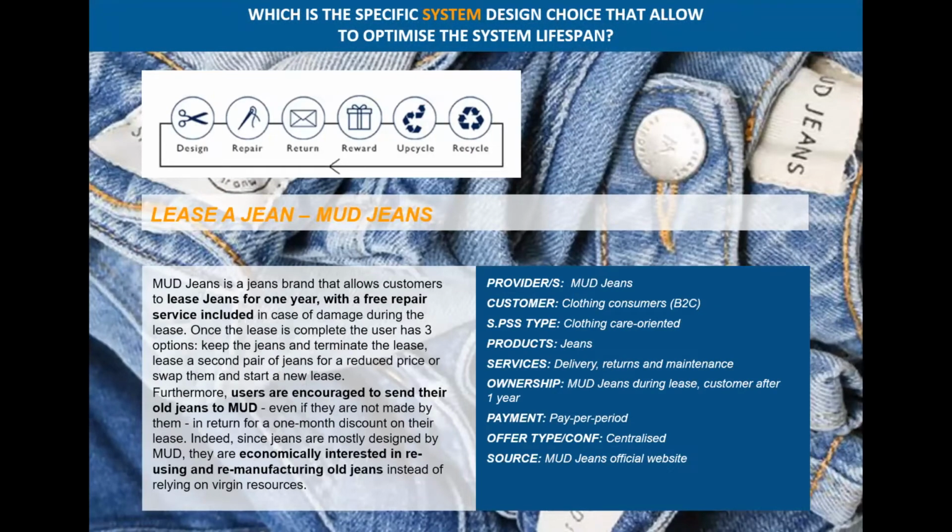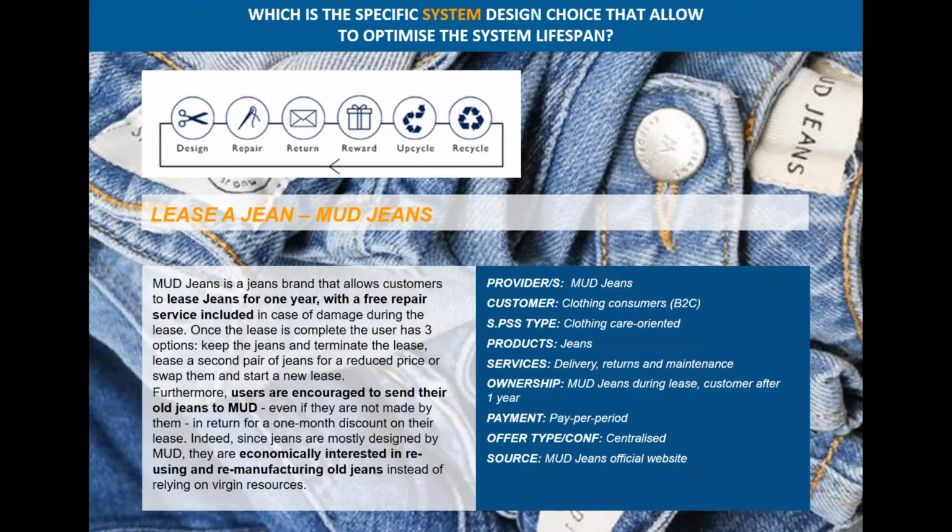Very quick on this one. It's very similar. It's a leasing of jeans. The only difference is that it's kind of worldwide. So they offer these take back services for the repair, for example. You have the leasing. It's different from baby clothes, so it's something that you can. It's being a leasing. After 1 year, you can own the clothes.